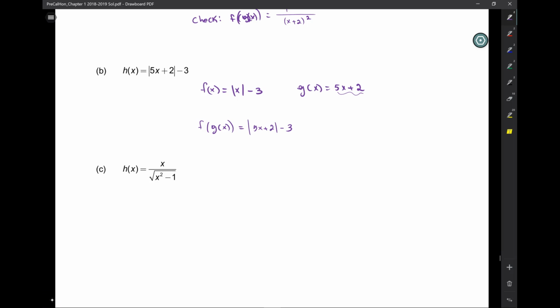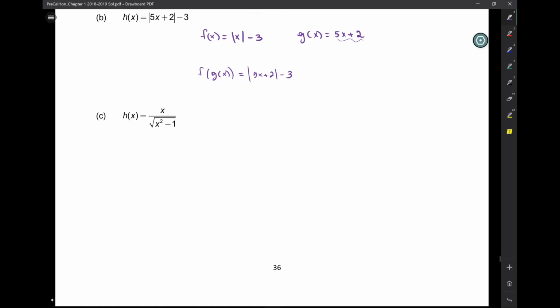Okay, so I'm going to give it away. This is a tough one. G of x is x squared. If you have g of x as x squared minus 1 and you plug it in here, then you'll have x squared minus 1 up there.